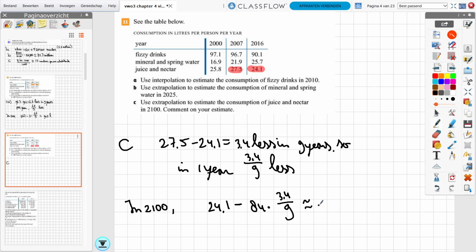That will give me approximately minus 7.6 liters. Oops, that seems a bit weird. Normally you would say I've made a mistake in my calculation, but that's not what you're going to write down here. They want you to comment on this, and this is actually an example where extrapolating so far into the future doesn't give me an answer that is representable for the data. You can comment on your estimate.